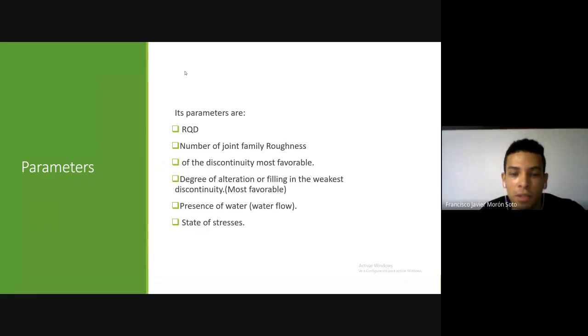Its parameters are RQD, number of joint families, roughness of the most favorable discontinuity, degree of alteration or filling of the most favorable discontinuity, presence of water flow, and state of stress.